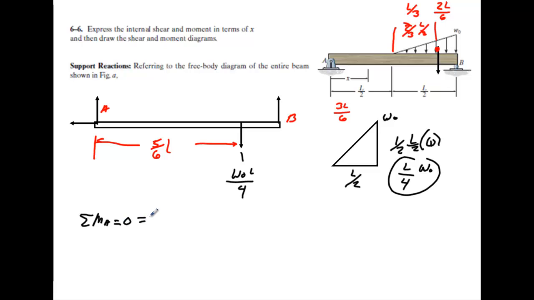So we're going to say equals negative W naught times L over 4 times 5 over 6 times L. Again, this is force, this is distance, plus FB. You can do FBY if you want to. And now that distance is going to be L over 2 plus L over 2, which is going to be L.